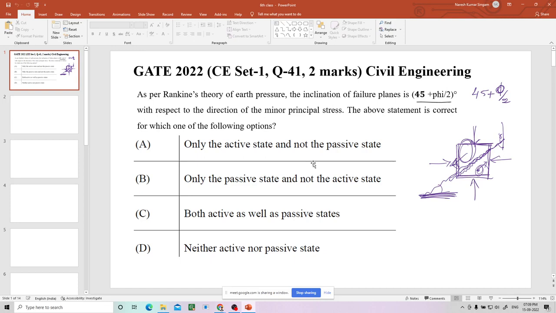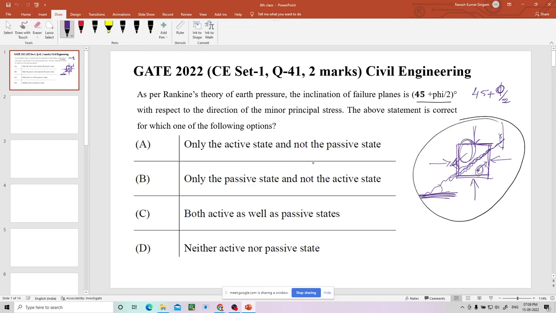Can you see now? Can you see the diagram which I have drawn there? Yeah, this part. Can you see this part? Yeah.